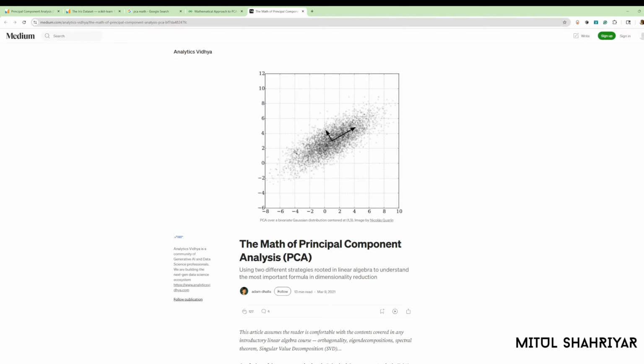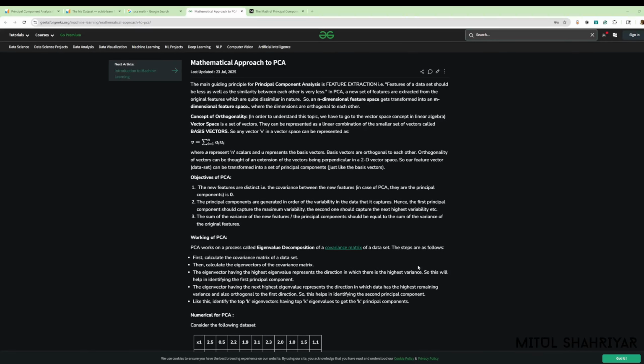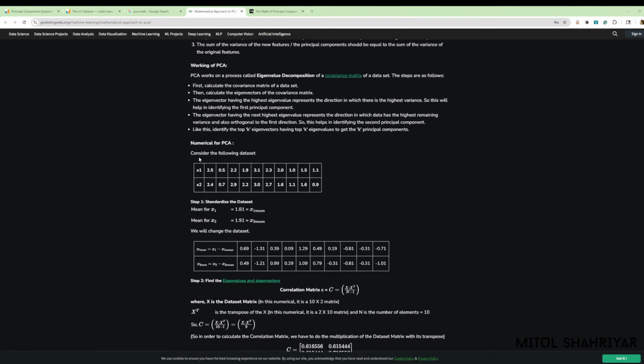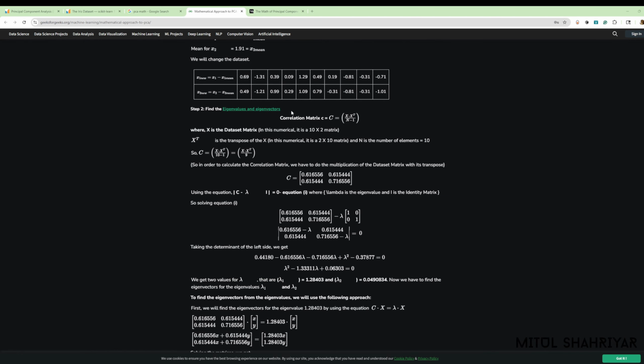Okay, there is a block. If you look here, you will understand. For me, I believe that was better. So if you see, we have some numbers. This is the process. We will first take the mean of the values here. Then we will take what? Eigenvalues and eigenvectors.